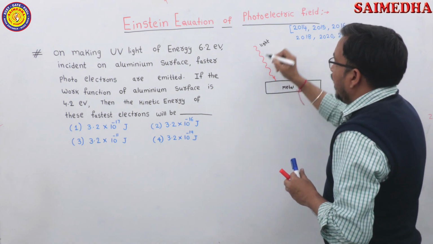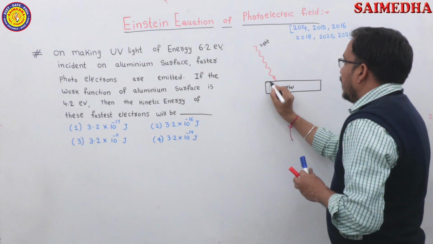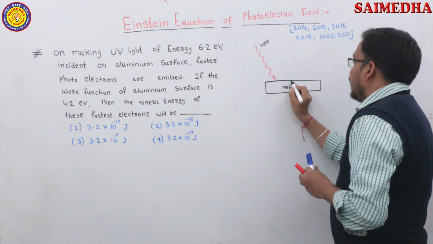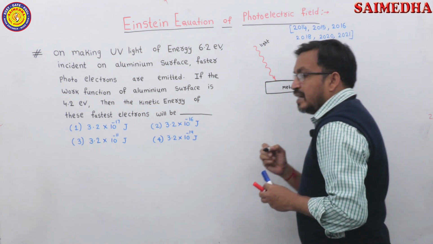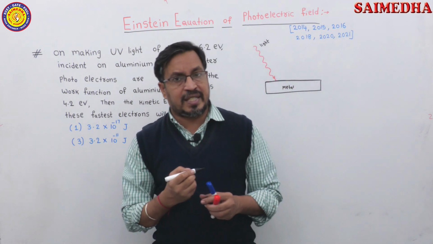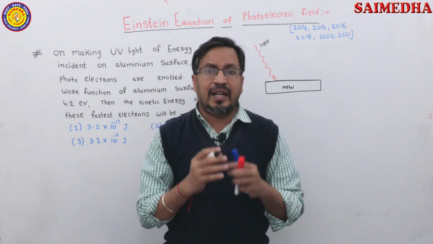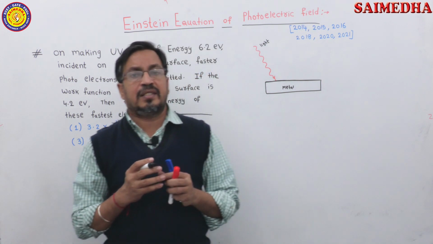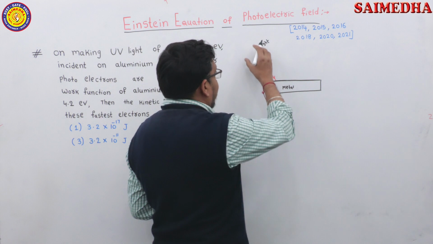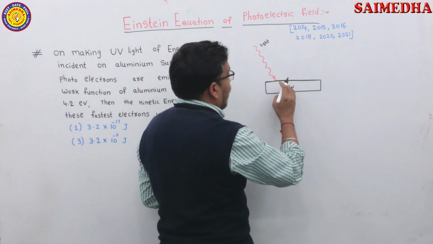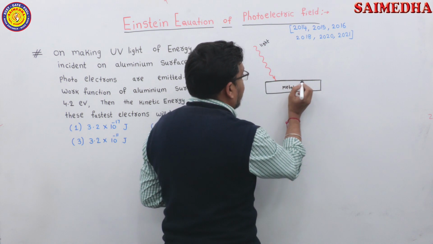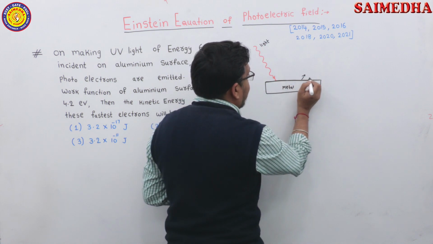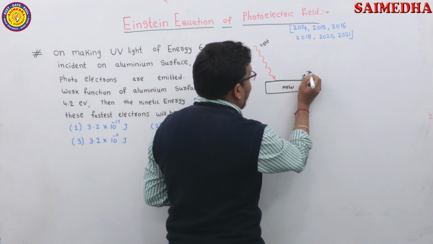So when a light wave is incident on a metal surface, what does metal mean here? Conductor, it consists of electrons. So when light is incident on a metal, the charged particles, the electrons, are emitted from this metal.